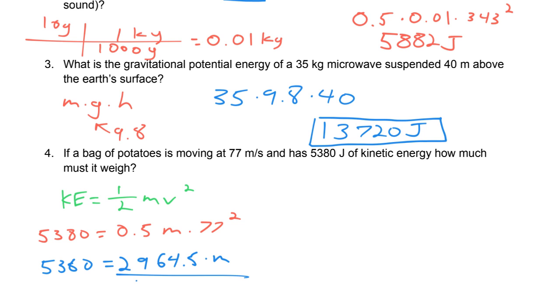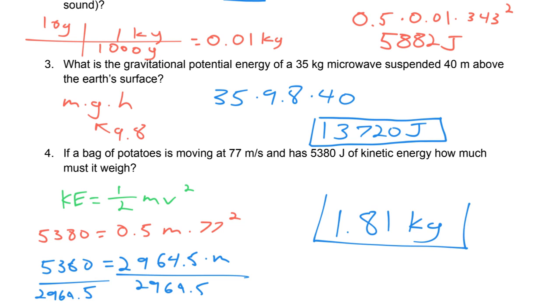And then we'll divide both sides by that 2964.5. And we will get 1.81 kilograms. So not a very big bag of potatoes, but that's what the math tells us.